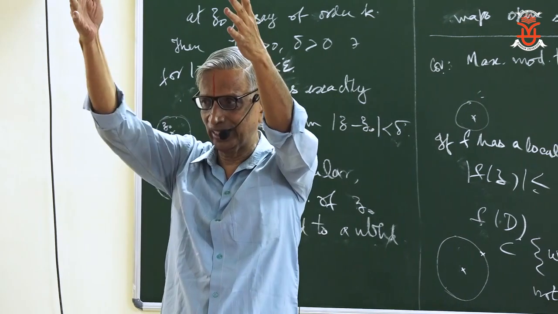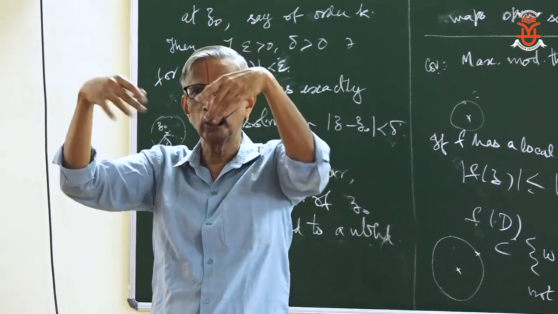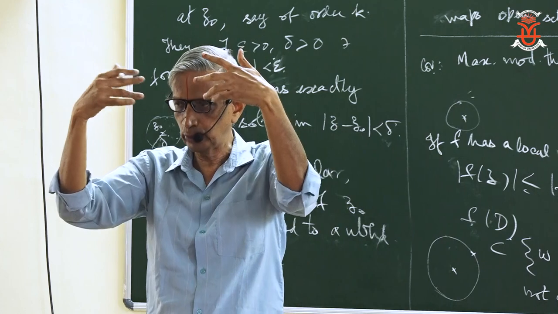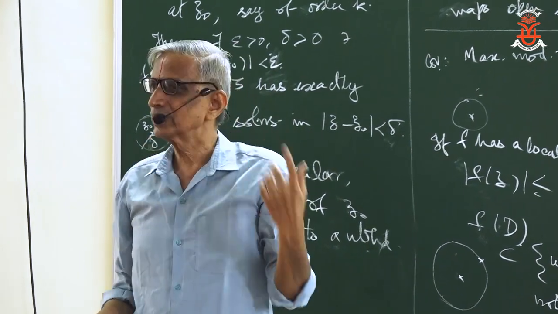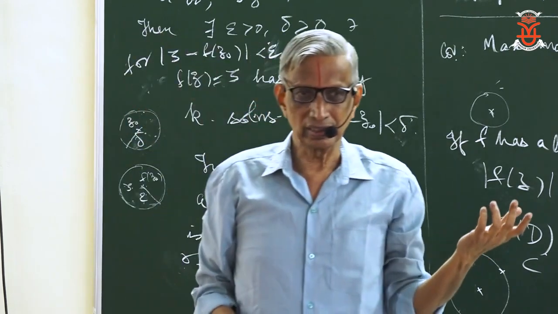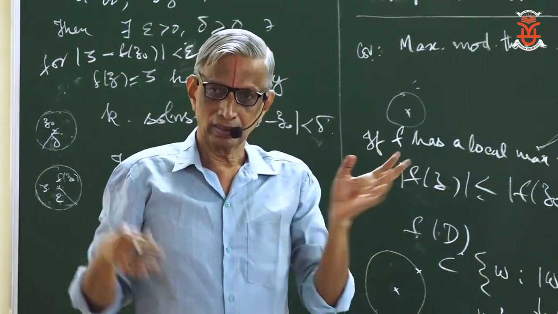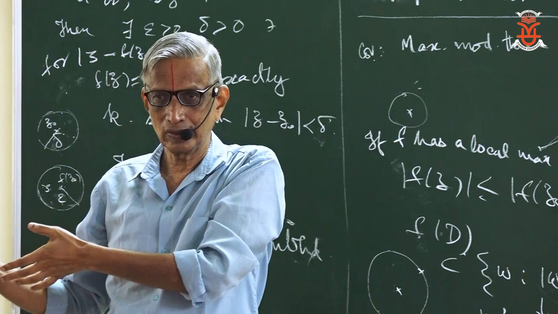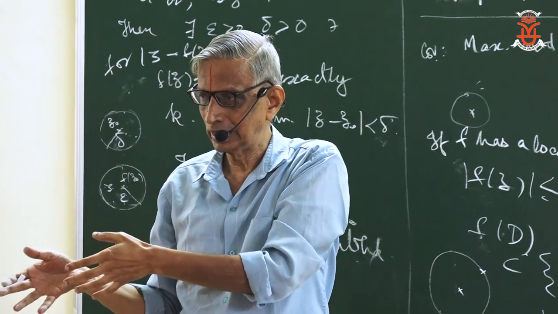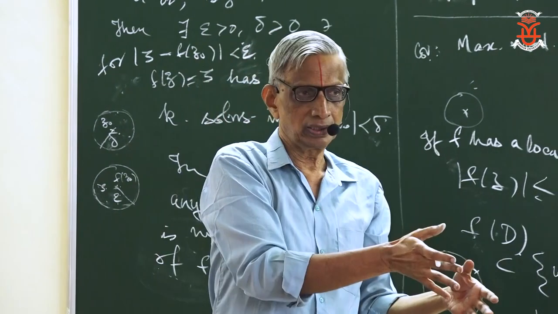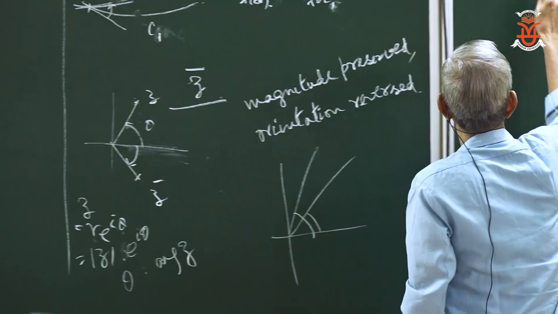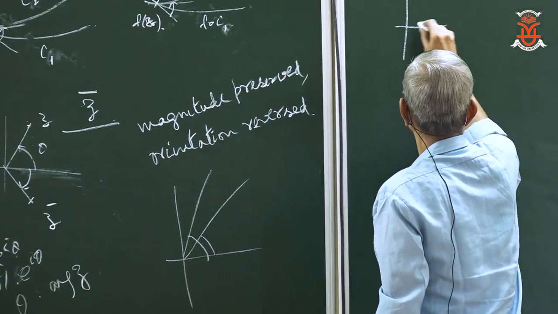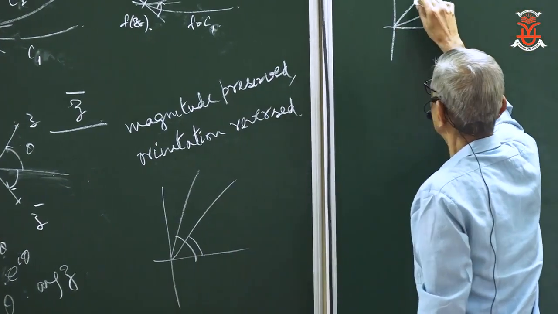If you look at the corresponding images, it is going to be twice (theta 1 minus theta 2). So the angle between the image curves is going to be double the angle between the original curves. If you start with, say, for example, two lines through the origin.